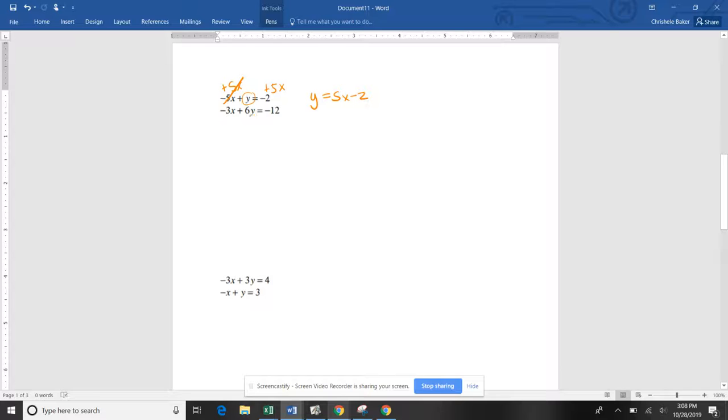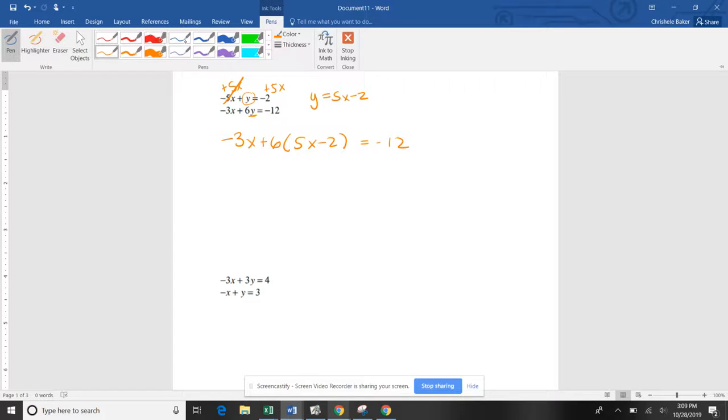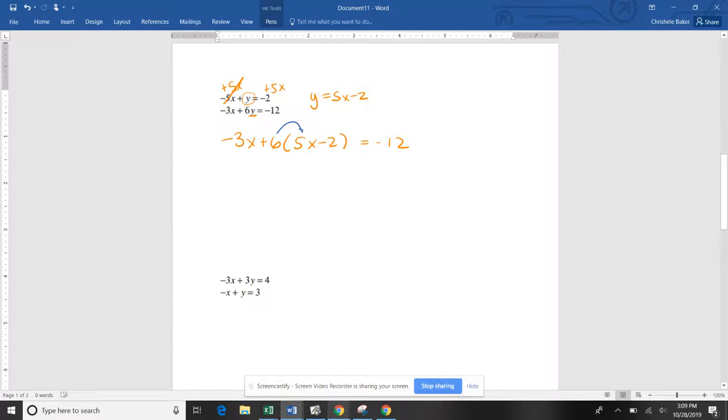Substituting 5x minus 2 in for y, and I'll distribute. So this is negative 3x plus 30x minus 12 equals negative 12.